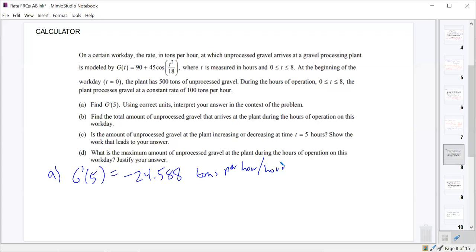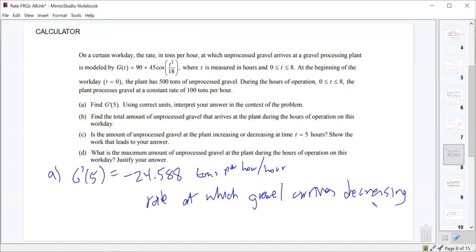Since this is the derivative of the rate and it was negative, it tells us that the rate at which the gravel arrives is decreasing. You can't say that the amount of gravel is decreasing.